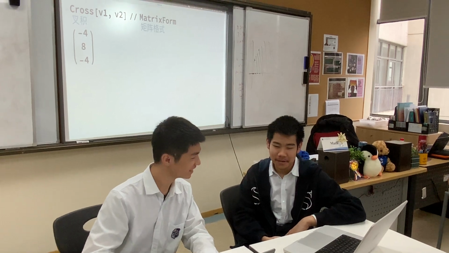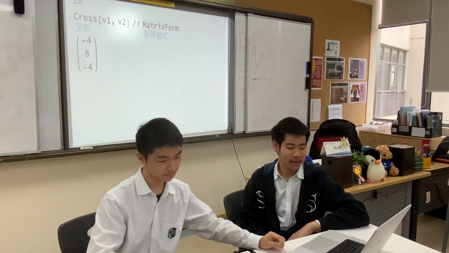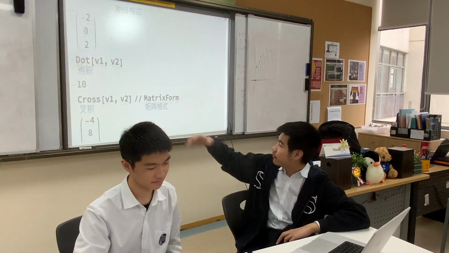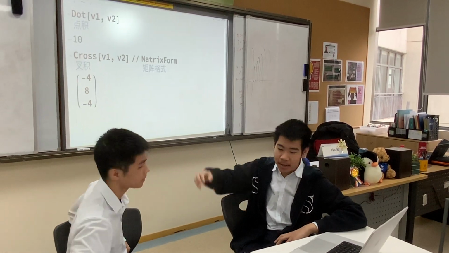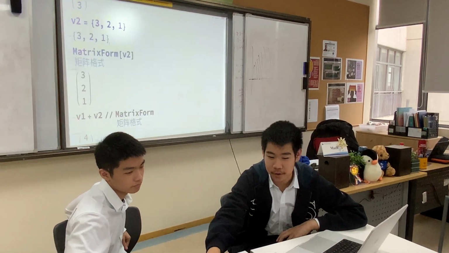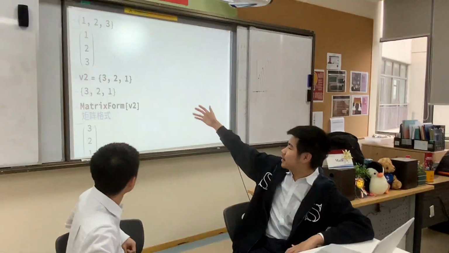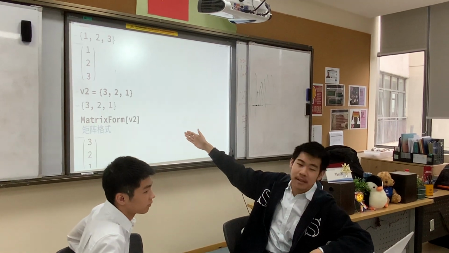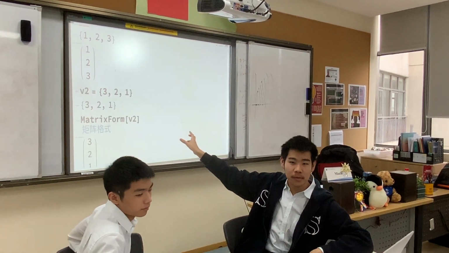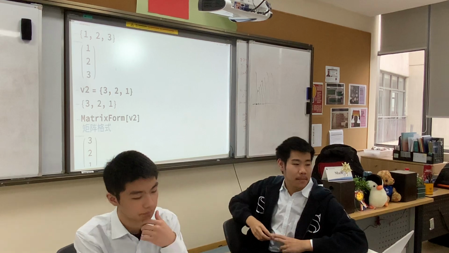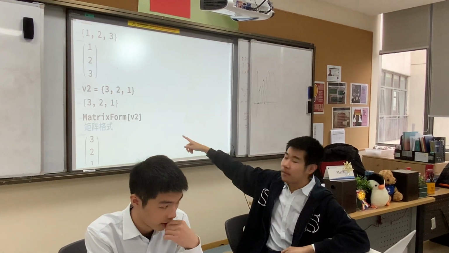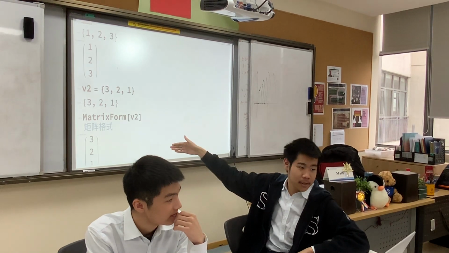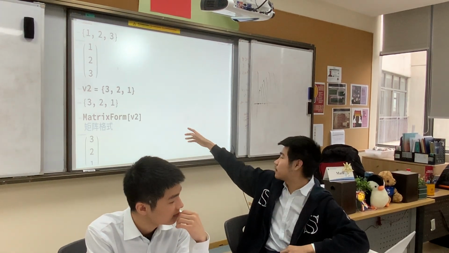So our point making here is that Mathematica treats all vectors, because we can see that we have previously defined 2 vectors. The first one is 1 2 3, and the second one is 3 2 1. What Mathematica does is it treats it like a list of numbers, which they treat as an n×1 matrix. That's why we have a command called matrix form, which is lining them up vertically so we can put it as a matrix form.